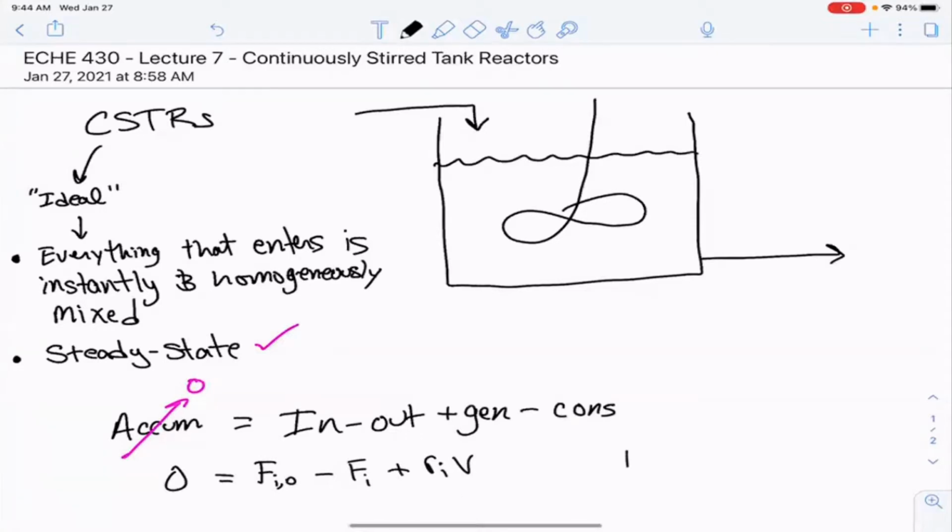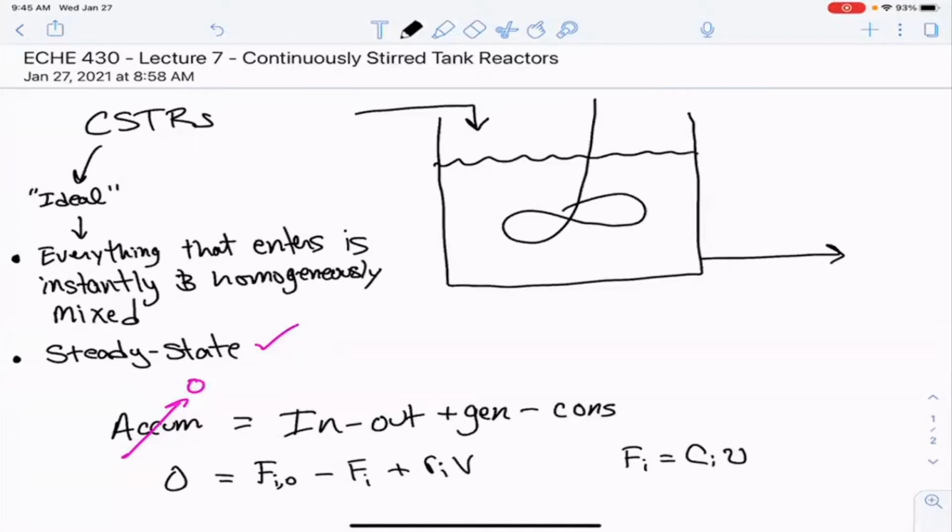So for any of those flow rates, we can say that that flow rate in is equal to the concentration of that species times the volumetric flow rate. And maybe having v_i is not the best notation, because everything would be coming in at one volumetric flow rate that is characteristic of everything in the reactor.